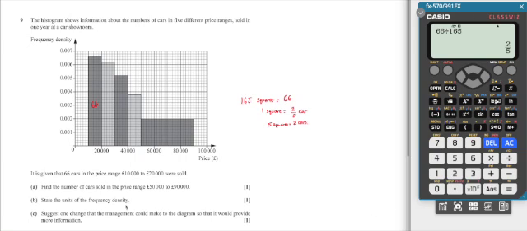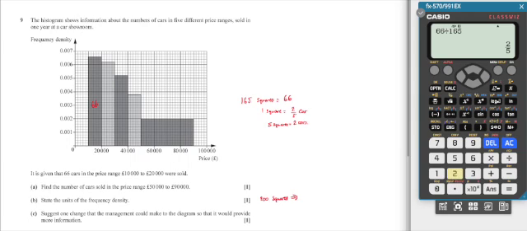Find the number of cars sold in the price range 50,000 to 90,000. So that is this big blob here, every 5 squares. So 25, 50, 75, 100, 125, 150, 175, 200. So 200 squares. So if there's 200 squares, every 5 of those is 2 cars.